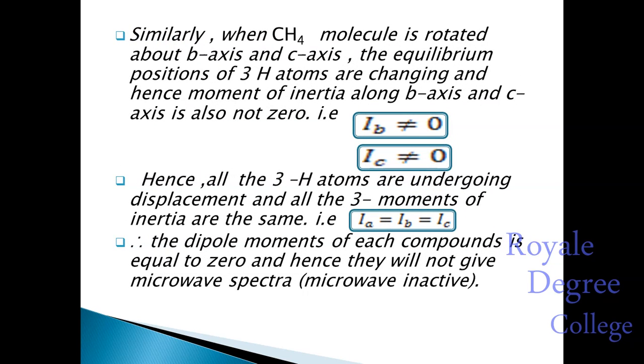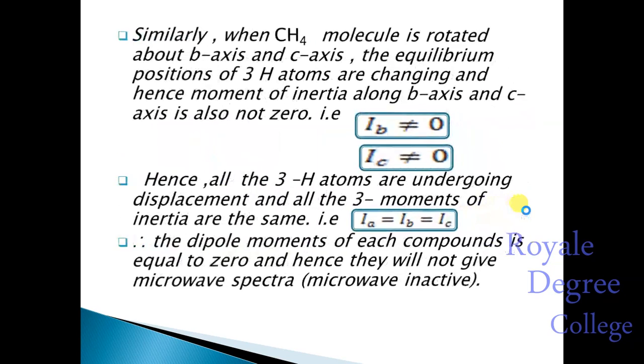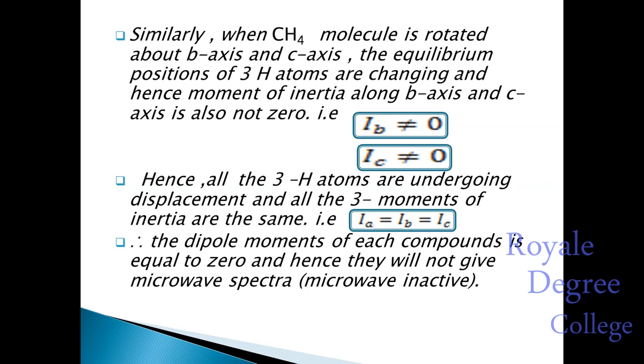Similarly, when the methane molecule is rotated about the B axis and C axis, look at this. When it is rotated about the B axis as well as the C axis, what will happen here? The equilibrium positions of 3 hydrogens are changing, and hence the moment of inertia along the B axis and C axis is also not 0. That is, IB is not equal to 0 and IC is also not equal to 0.